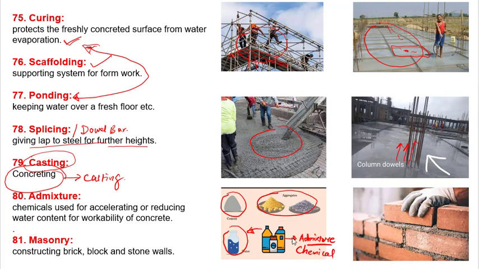It has a lot of functions and advantages. I think we have discussed admixtures in the previous video, the 12th video. If you want to know about admixtures in detail, go and watch that video. So chemicals used for accelerating or reducing water content or for workability of concrete are known as admixtures.